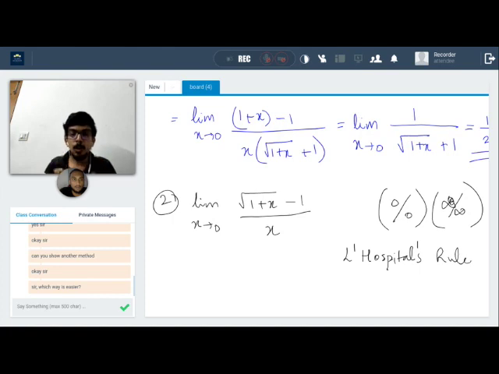You can't go and use L'Hopital's rule always just because it works. First of all, it works only for expressions in the form 0 by 0 and infinity by infinity. There are other indeterminate forms for which L'Hopital's rule cannot be used. Secondly, it should not be used whenever there are complicated expressions because the differentiation would be tedious.